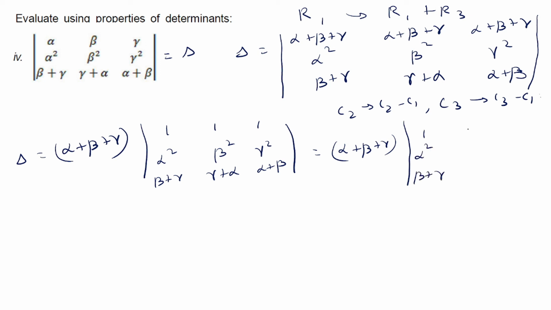C2 changing to C2 minus C1, so we have 0, then beta square minus alpha square. And here we have gamma plus alpha minus beta minus gamma. So it will be alpha minus beta. Similarly, C3 becomes 0, gamma square minus alpha square, and alpha minus gamma.